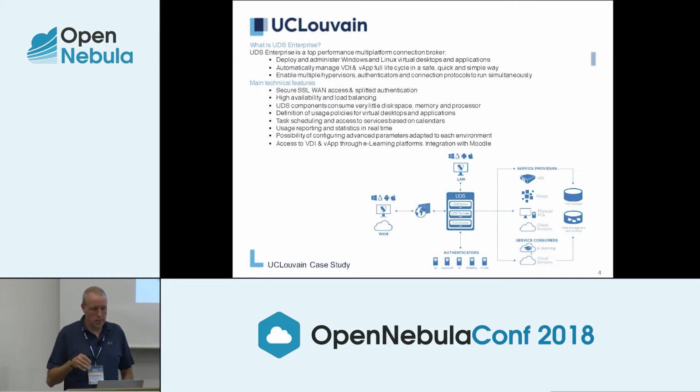It manages the authentication of the users, but it also manages the virtual machines here in the OpenNebula infrastructure. And it is connected to the authenticator, which in our case is Active Directory, but it can be other authenticators.